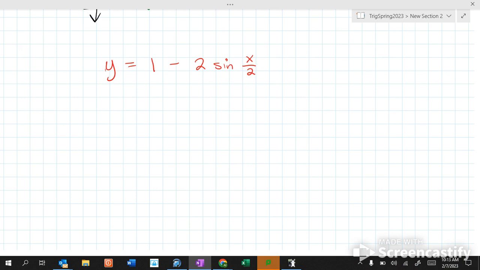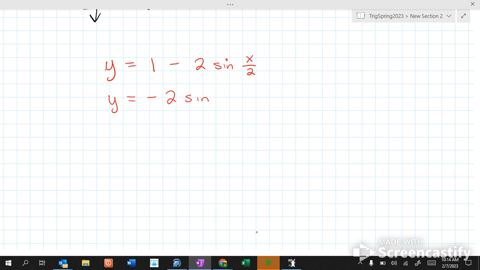When it's written like this, it's not written in the normal order, is it? I want to rewrite it in the normal order. What would the equation be? Because I want it in the order a sine of bx minus c plus d. So I started out with -2 sine.